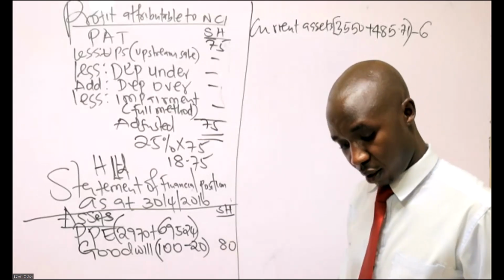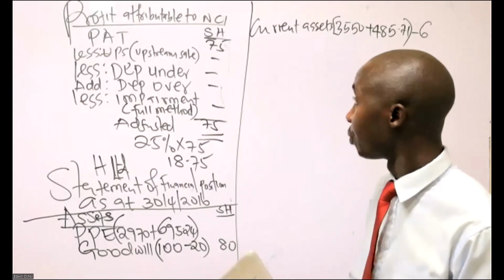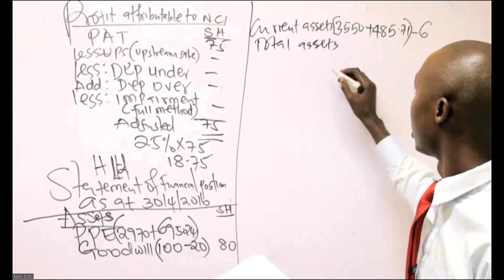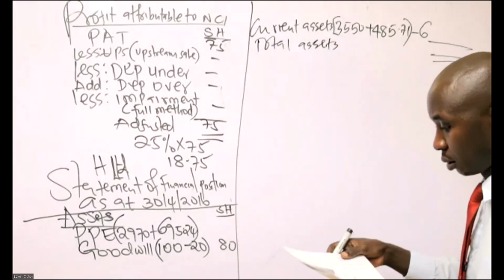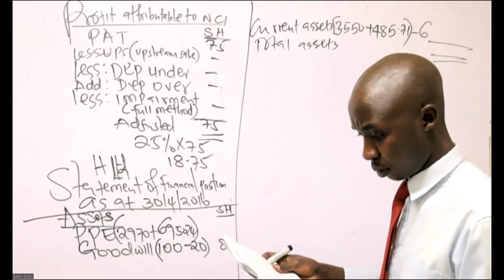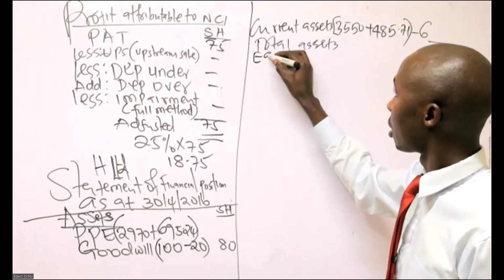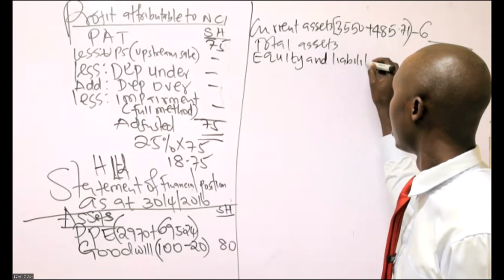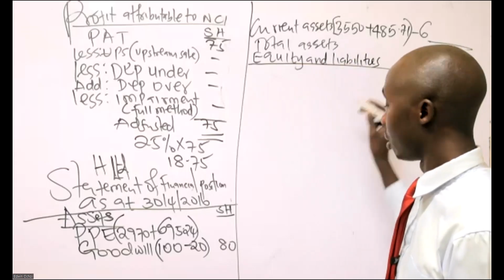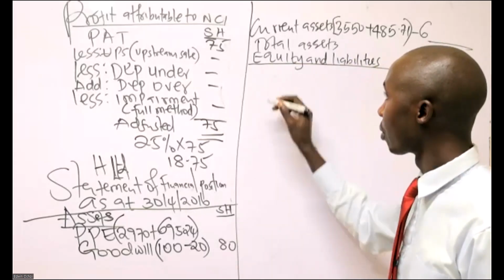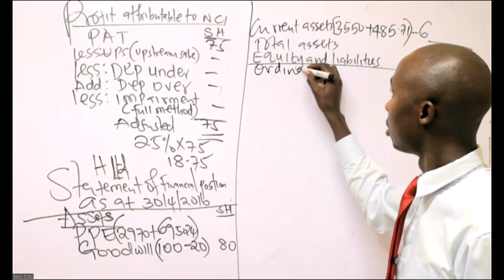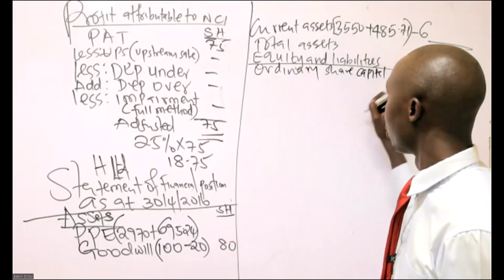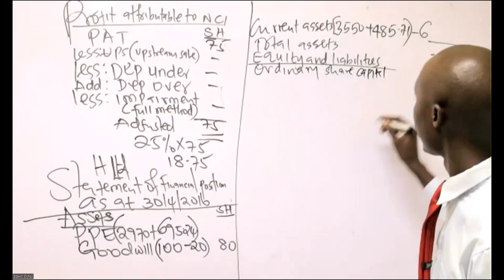So after that, we do what? We talk about equity. So total assets. We talk about equity and liabilities. So ordinary share capital, remember we use the parent, 600.